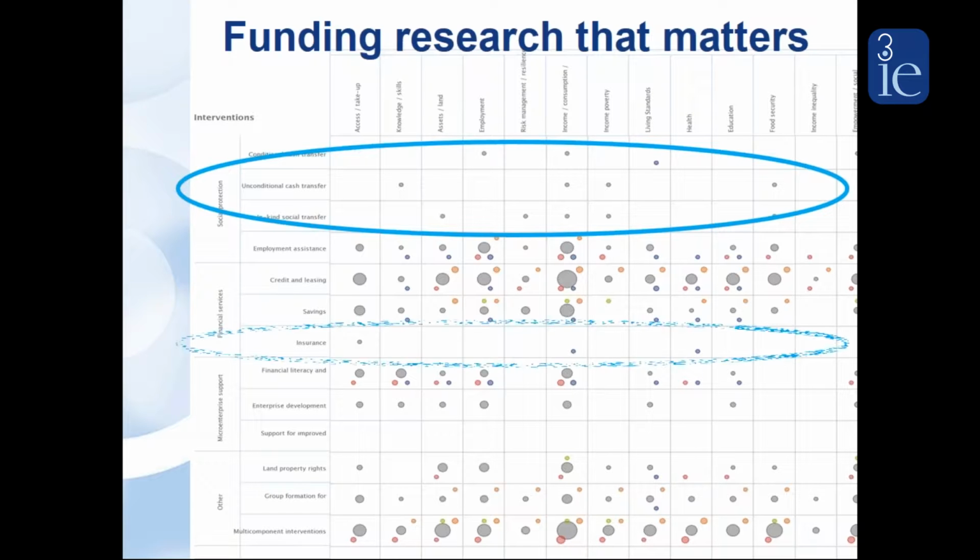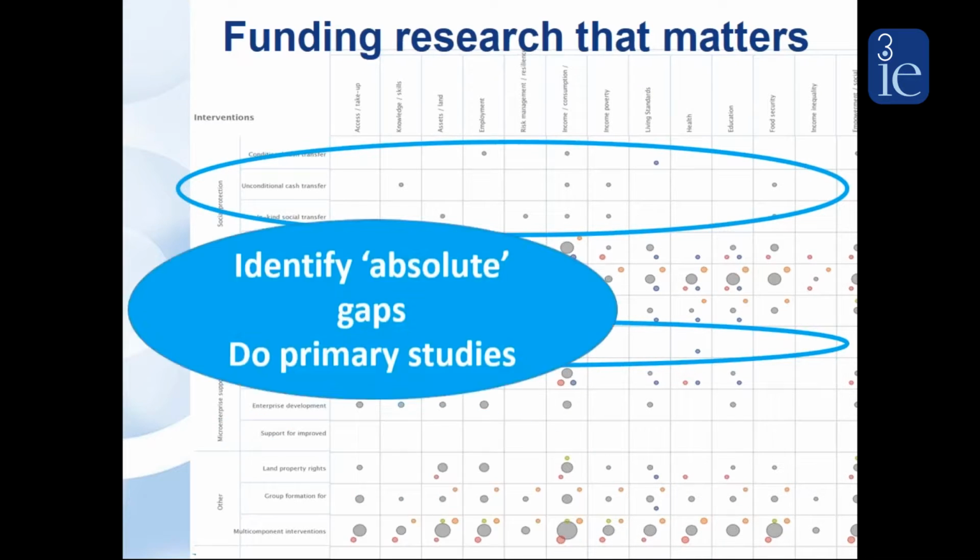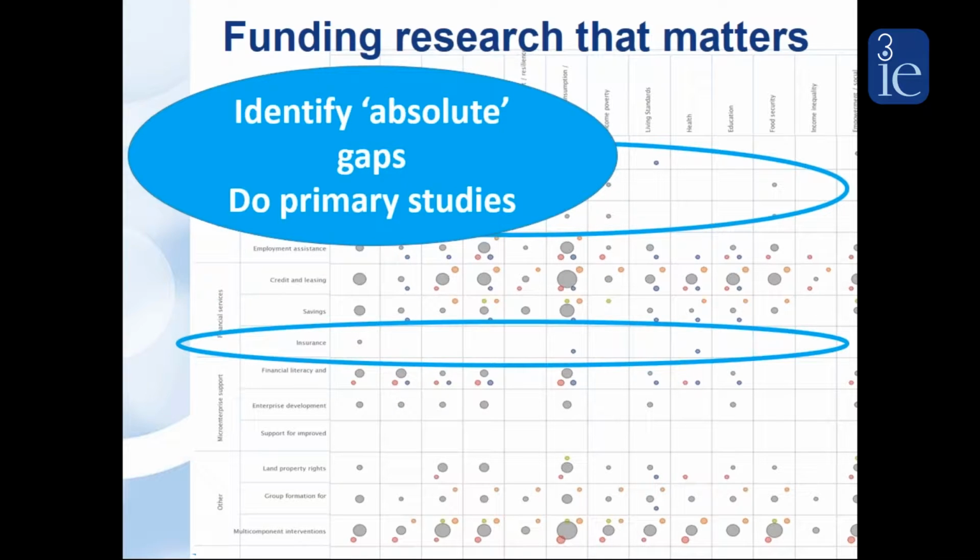And similarly for insurance, the evidence gap map found few studies looking at this intervention type. So this is an example of how the evidence gap map can be used to highlight what we call absolute gaps in the evidence.